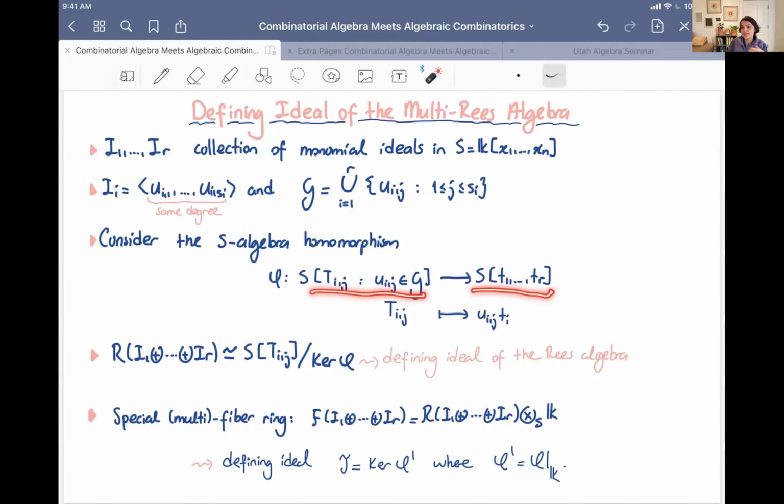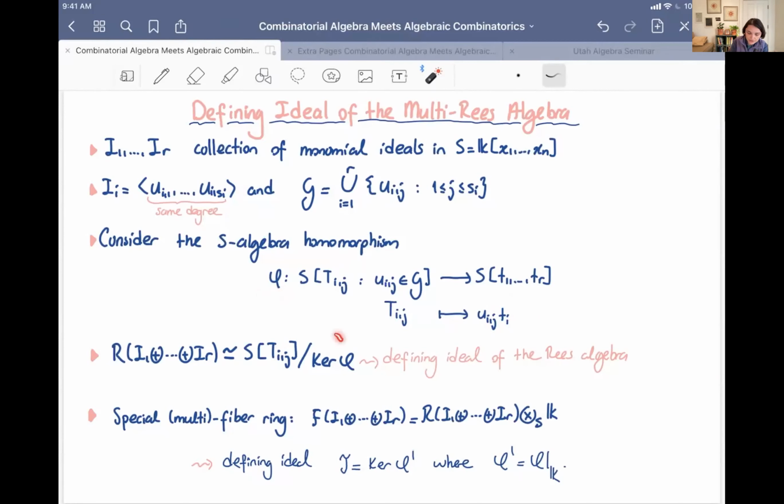The codomain is the polynomial ring where we added the bookkeeping variables, and the map is defined in the way that you would expect. We send these capital T_ij's to the generator it was associated to, times t_i, so that we know this u_ij is living inside the ith ideal. We want to bookkeep all these things along the way. It turns out that the multi-Rees algebra of this collection is the image of this map.